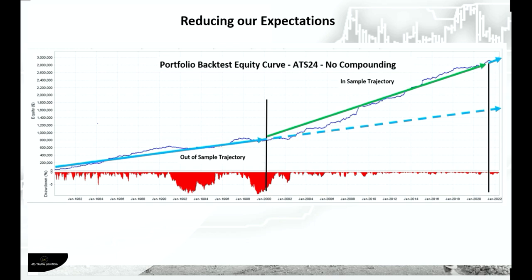We can therefore plot a more conservative trajectory to make our performance expectations far more realistic. But notice how the out-of-sample component from the 1st of January 2021 to the 31st of May 2022, which is this section here, carries with it a steeper trajectory than the conservative estimate from our earlier out-of-sample portion.